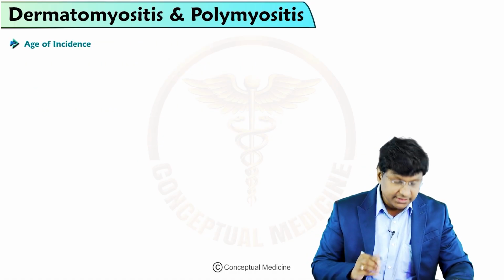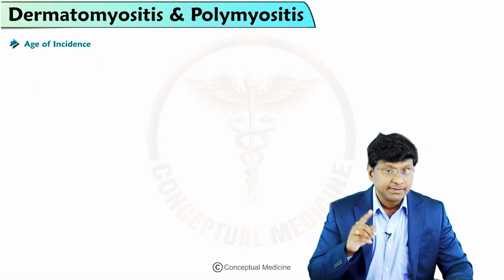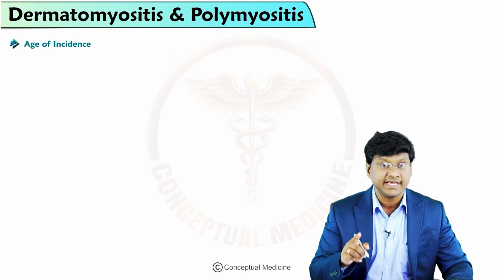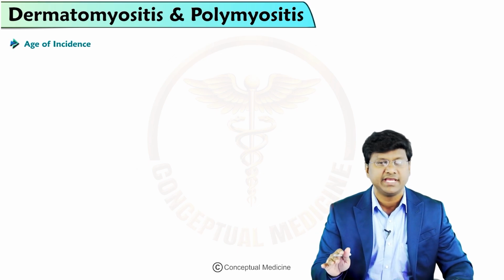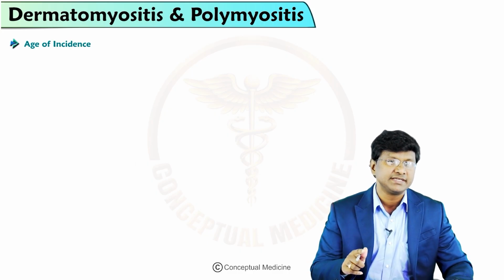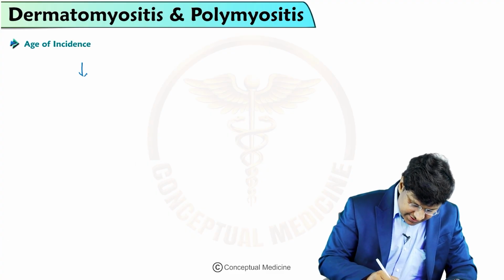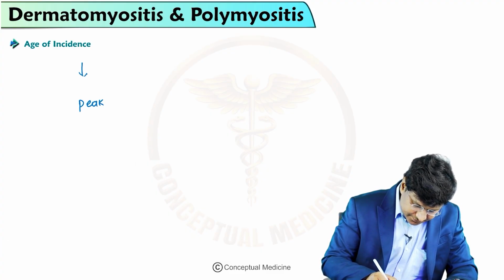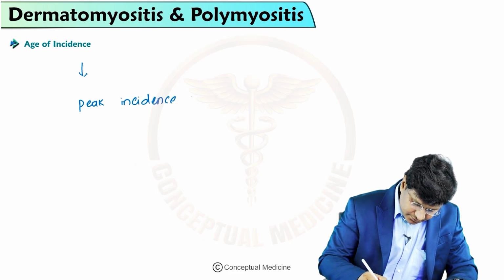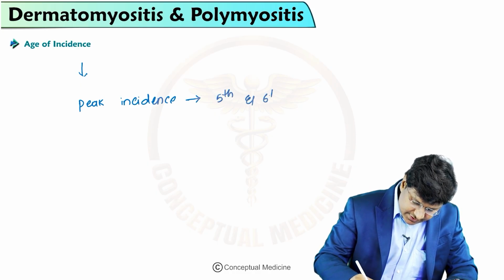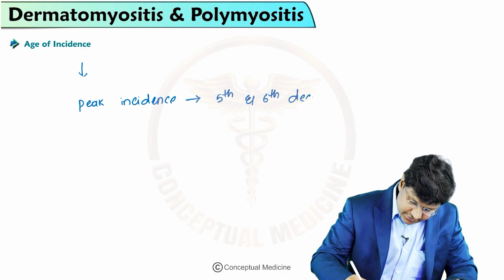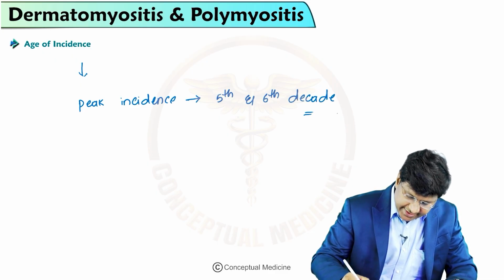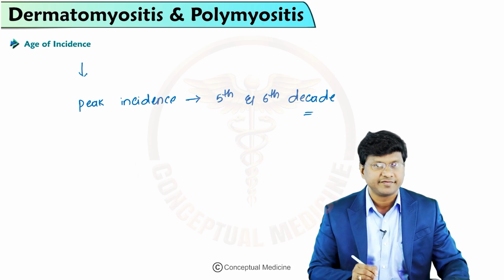Now, if you see the age of incidence, dermatomyositis and polymyositis affect persons of any age, but the peak incidence is in the 5th and 6th decades of life.